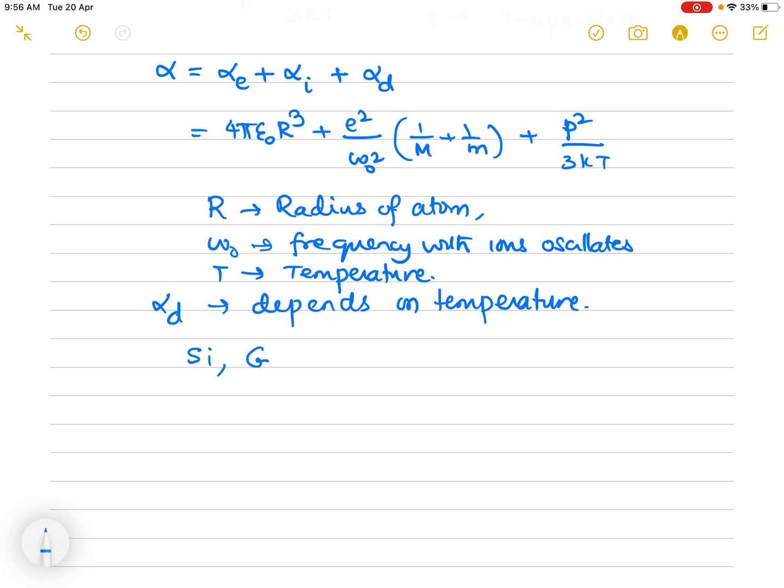The dipolar and ionic polarizability are absent here, or insignificant.